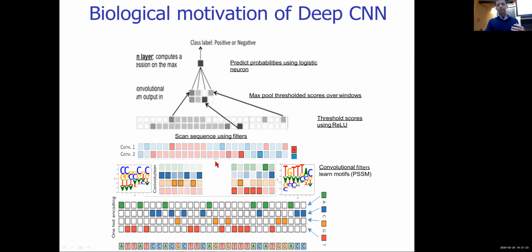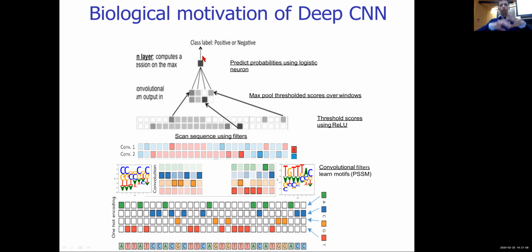Then I can scan with each quote unquote motif, or each convolutional filter, and I get a different score for each filter. That tells me, oh, this motif occurred in these locations, and that motif occurred in those locations. And then after that, I can have a thresholding layer that uses ReLU or sigmoid or something else. And then I can have these convolutional filters at the top, which are pooling all of this information underneath. And that can give me the label of the class that I'm trying to predict.